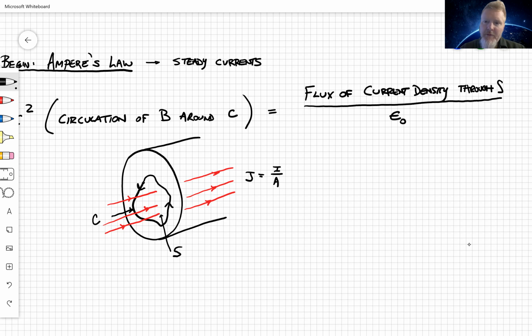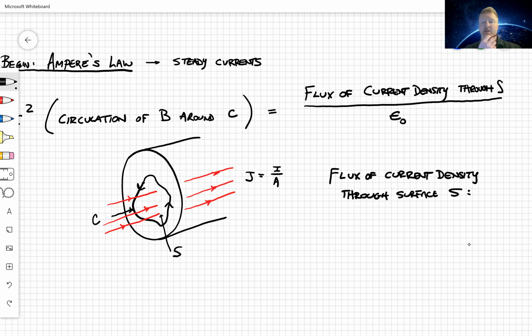Okay, so if we find the flux of current density, and the current density in this case is J, through the area S, the surface area, that's just going to be exactly what you think it's going to be.